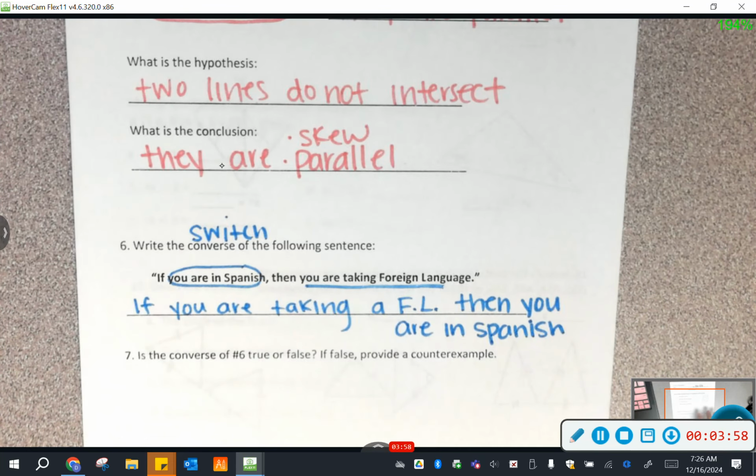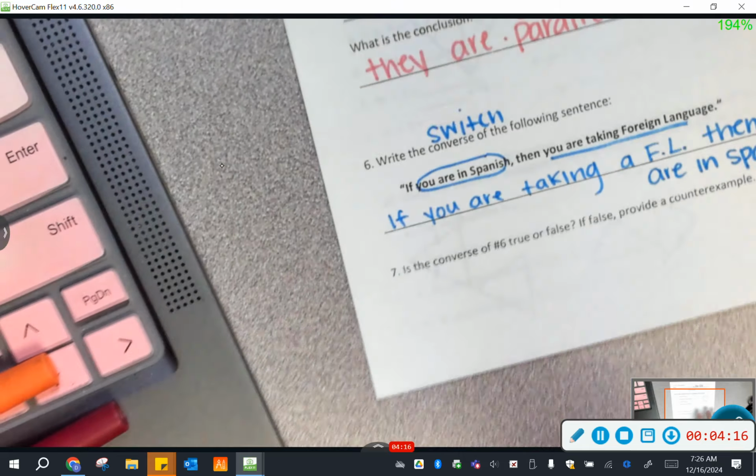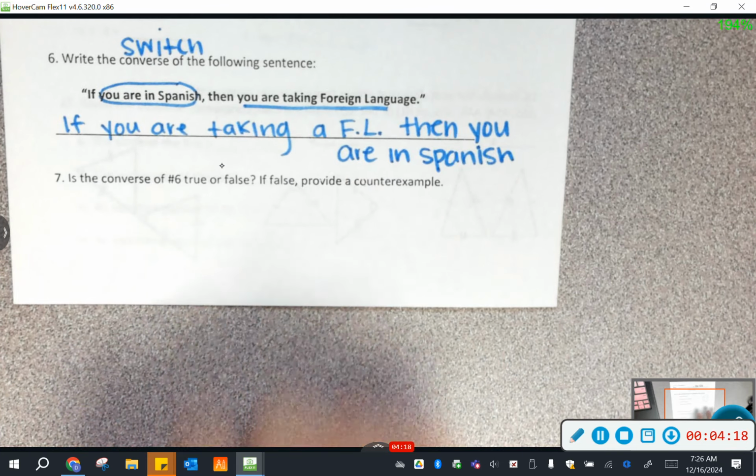Then a section about vocabulary, match the answers. Then a section about distance and midpoint formula. So 50 questions, all matching. Maybe you'll have 4 triangles. Which one's acute? Which one's obtuse? Like that. All matching.